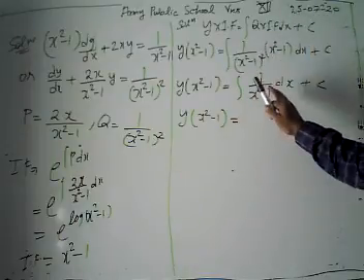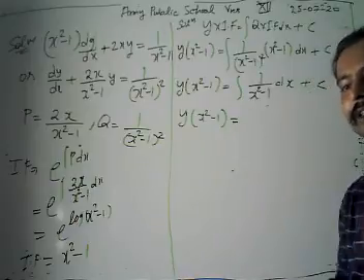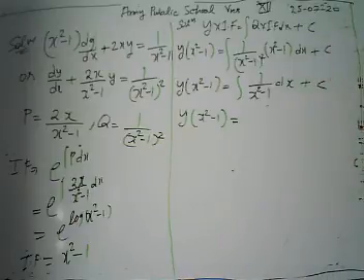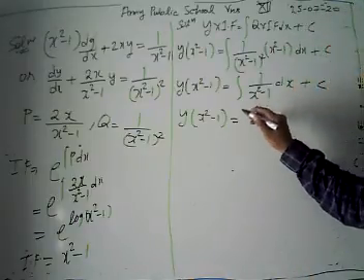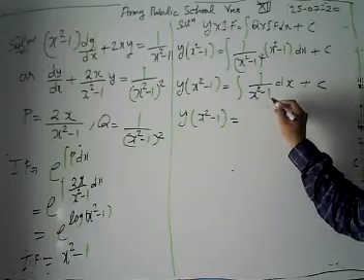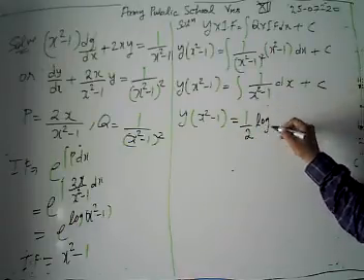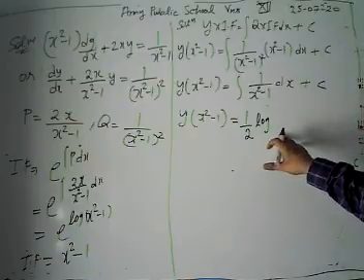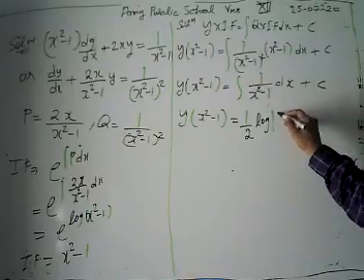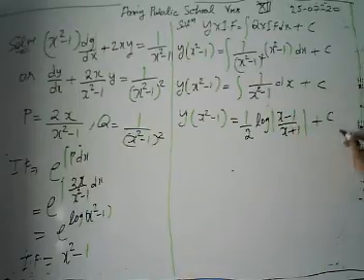But it is of the dx upon x square minus a square type, where a is 1, and we know that the integration of dx upon x square minus a square is 1 upon 2a log mod of (x minus a) upon (x plus a). So with a equal to 1, we have 1 upon 2 log of (x minus 1) upon (x plus 1) plus c.